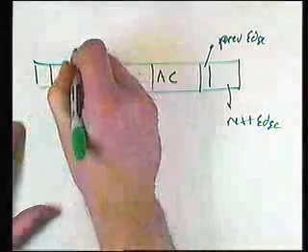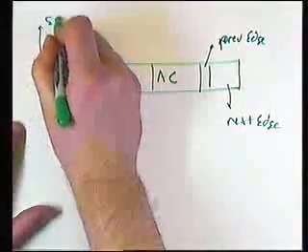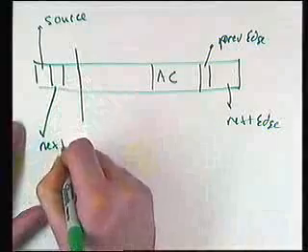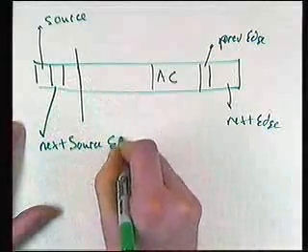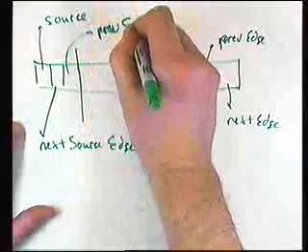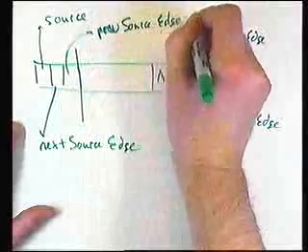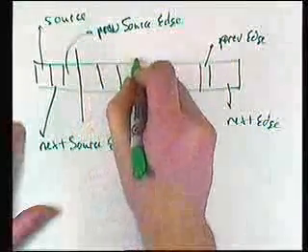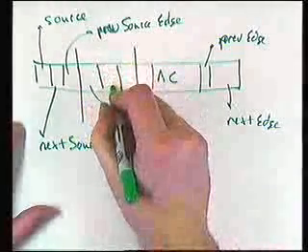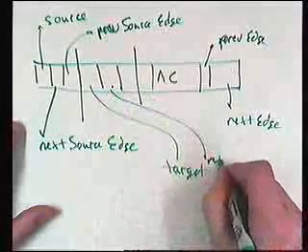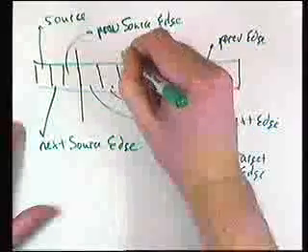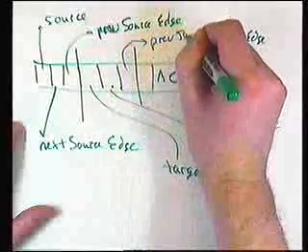What I could have here is three pointers: a pointer to the source, and a pointer to the next source edge, and a pointer to the previous source edge. And what I could have here is a pointer to the target vertex, and the next target edge, and the previous target edge.